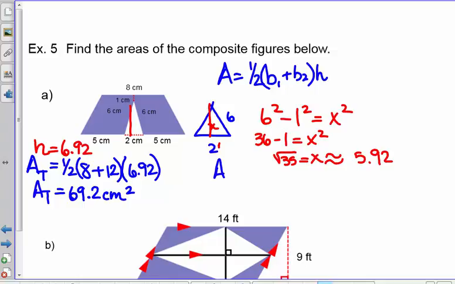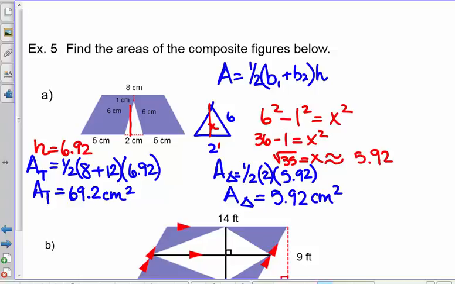Now remember, from that I have to subtract out the area of the triangle. So let's find the area of this triangle. For the area of the triangle, I have 1/2 times the base, which is 2, times the height, which is 5.92. So the area of my triangle equals 5.92 centimeters squared.